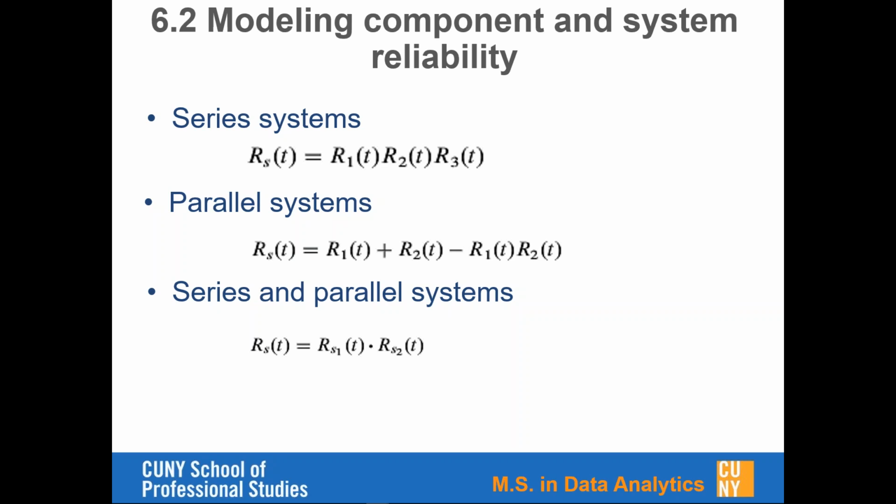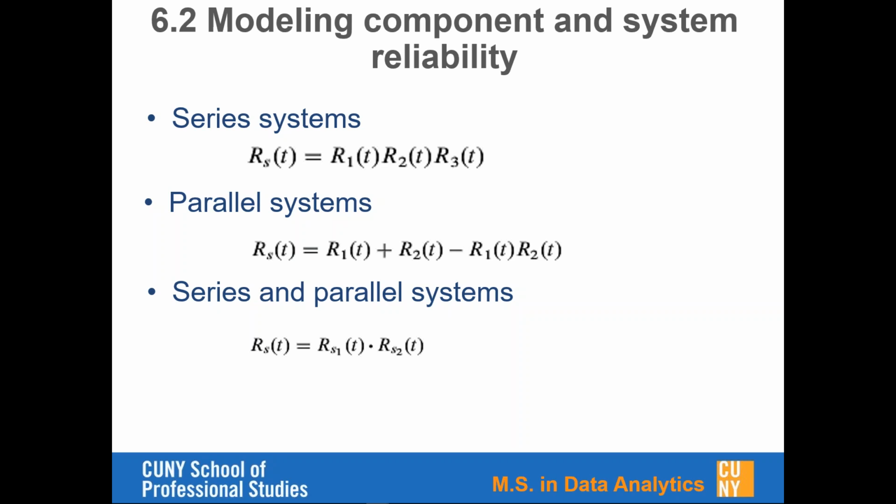And then for a parallel system, you can use R1 plus R2 minus R1 times R2. So this relationship really holds for what you have learned from resistance in electricity, some of this physics class, right?